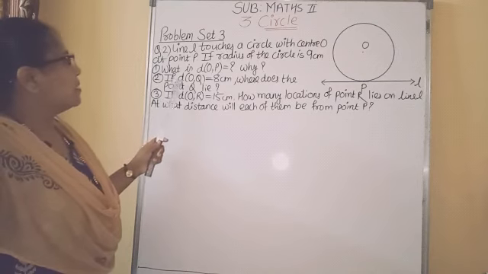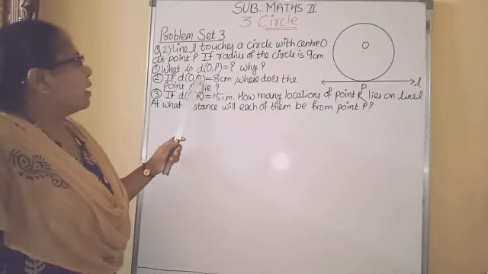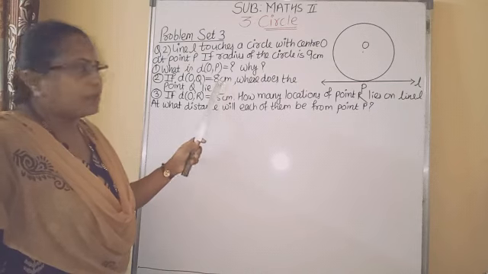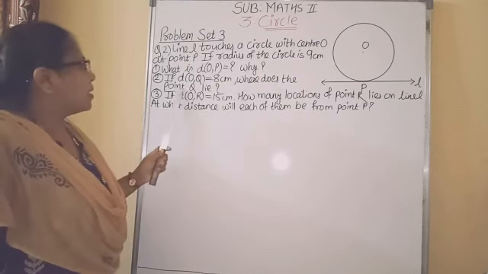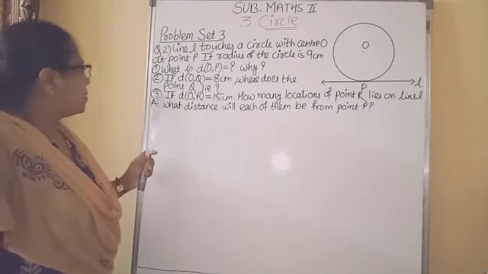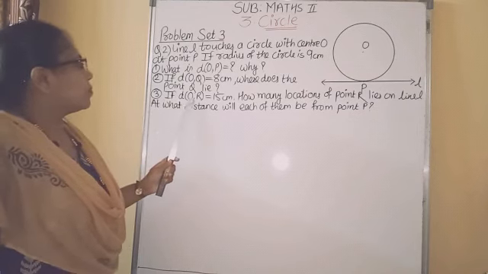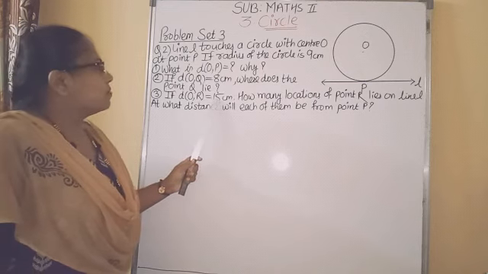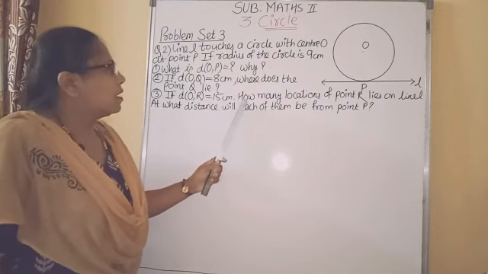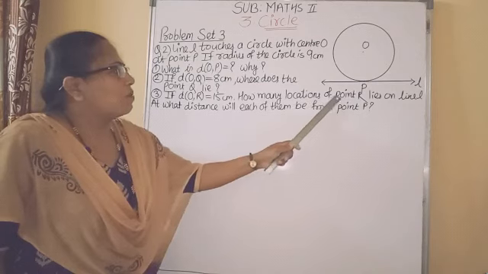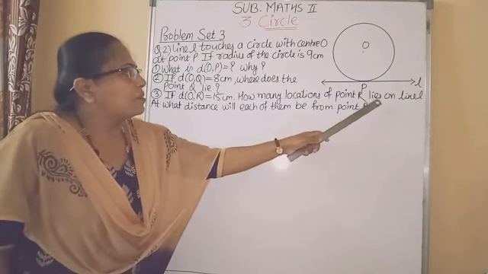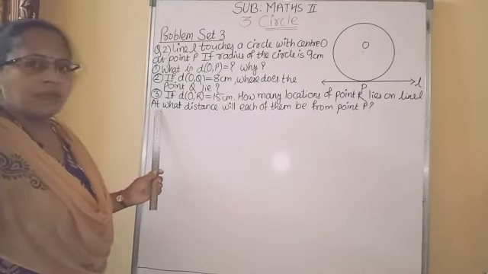Second, if the distance between point O and Q is 8 centimeters, where does the point Q lie? And third question, if the distance between point O and R is equal to 15 centimeters, how many locations of point R lie on line L?